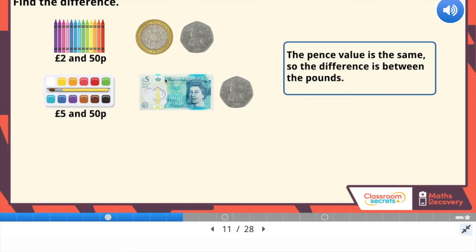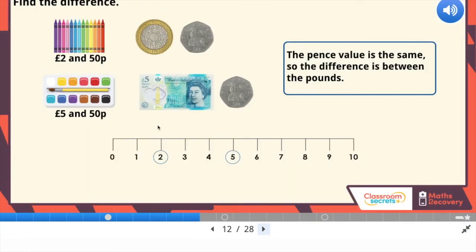How many more pounds are there in £5.50 than in £2.50? And we can do that simply by using a number line here. So we know that there's £2 in £2 and 50p, and we know that there's £5 in £5 and 50p. And we just need to work out the difference. How much do you need to add on or count on to get to 5?